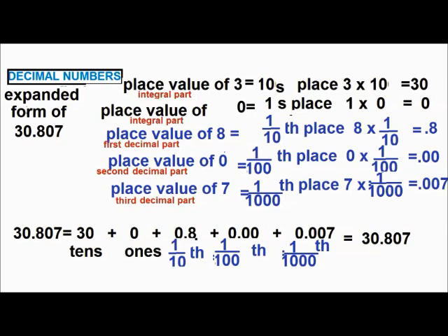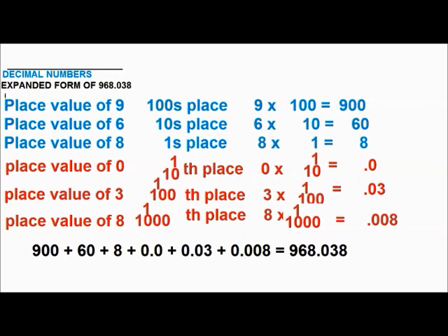Place value of 0, that is in the 100th place, that is 0.00. Place value of 7, that is the 1000th place, that is 0.007. Then it becomes 10 plus 1 plus 1/10th part and 100th part plus 1000th part. That becomes 30.807.